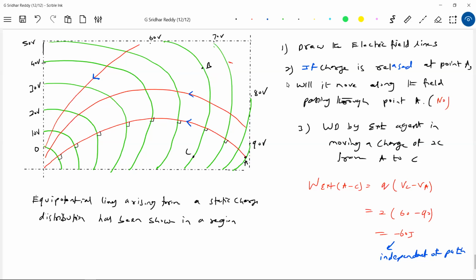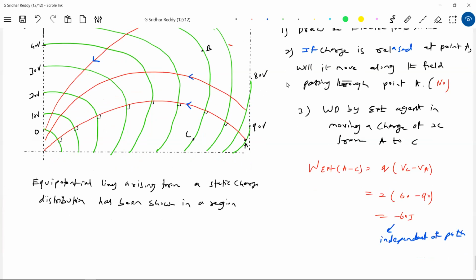If the spacing between the lines is less, the field strength should be more. All these are general things. If they give lines of force, you should know the features. If they give equipotential surfaces, you should know the features.